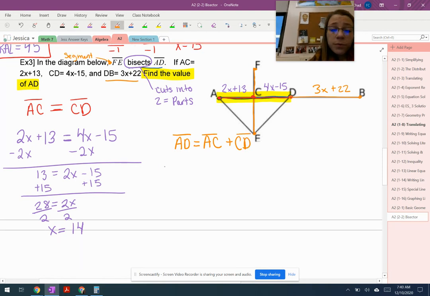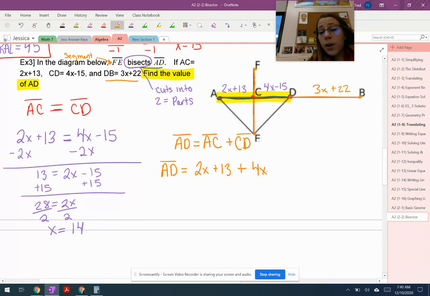Okay? So AD is equal to AC, which is 2x plus 13, plus 4x minus 15. And I'm going to use the fact that we know x is equal to 14.